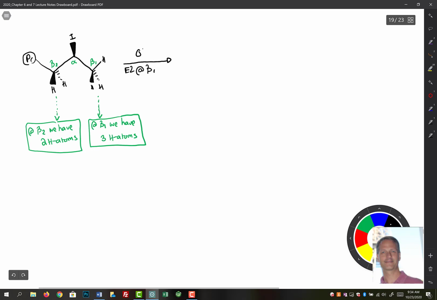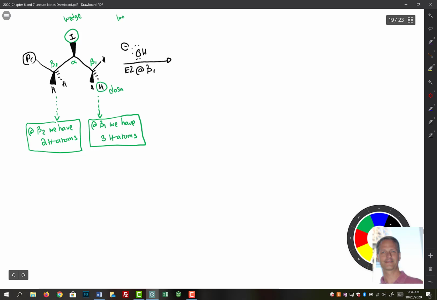And then we'll use hydroxide. So what's going to happen is hydroxide is going to come in and take off one of these H's. Which H is going to be lost? Well, remember that this iodide is leaving. It's on a wedge, so we need to take off an H that's on a dash.